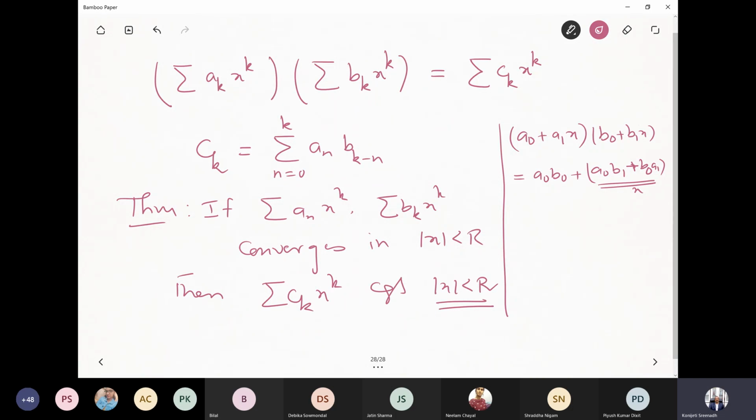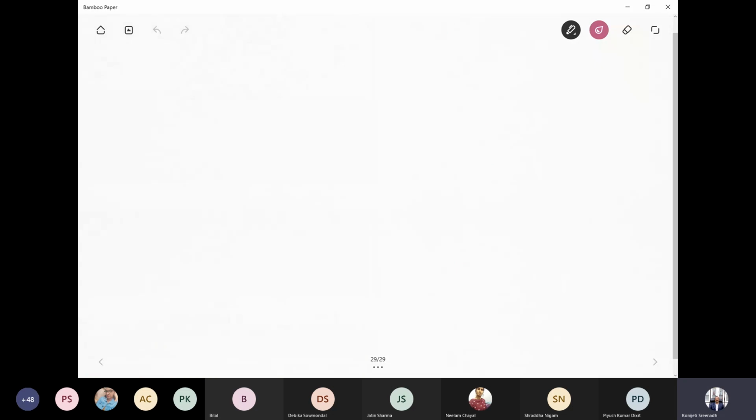It only says it converges for mod x less than r, but the radius of convergence for the product can be more than this r. So this r is the minimum.